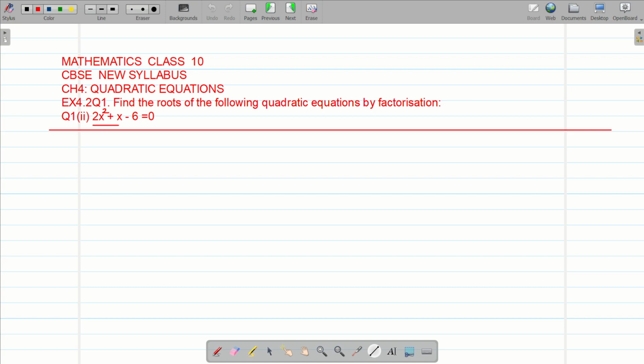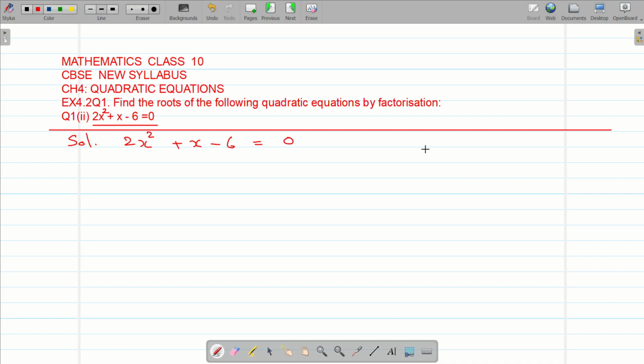Second part, 2x squared plus x minus 6 is equal to 0.